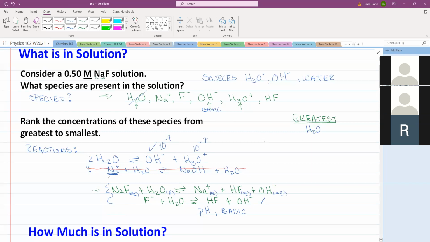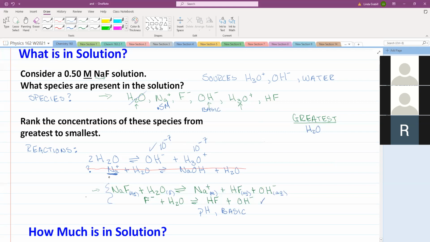Right. So I added 0.5 molar of my sodium fluoride. So what is my molar concentration of sodium in this? It would be 0.5. Perfect. Yeah. So I know that this is going to be 0.5 molar, which is a lot bigger than my 10 to the negative 7.